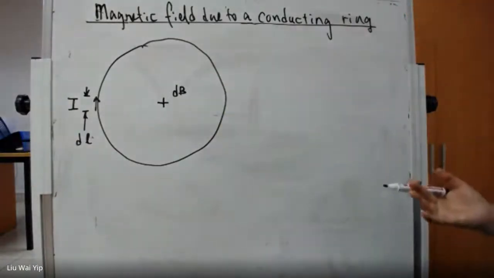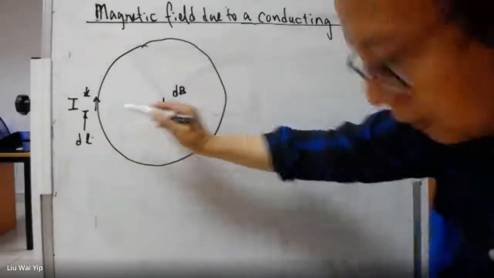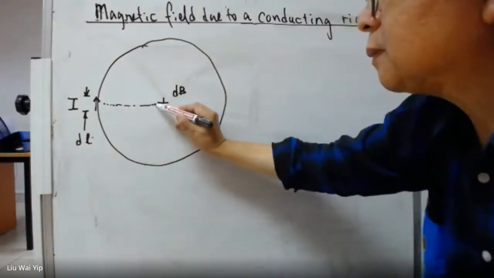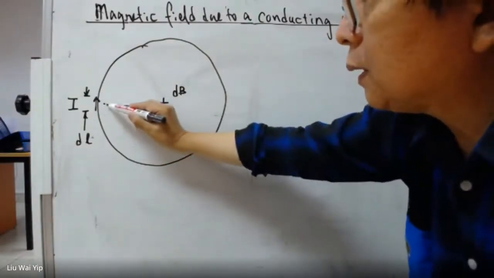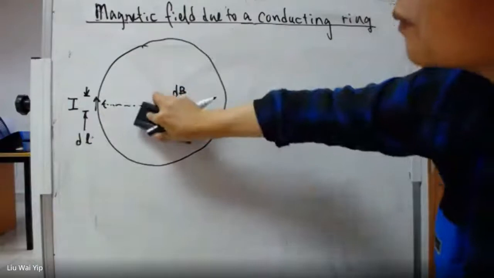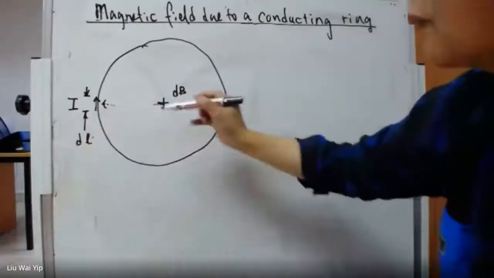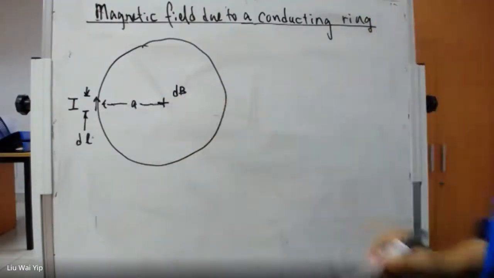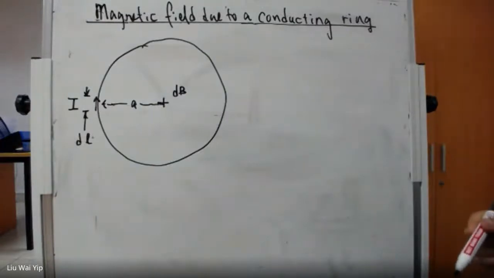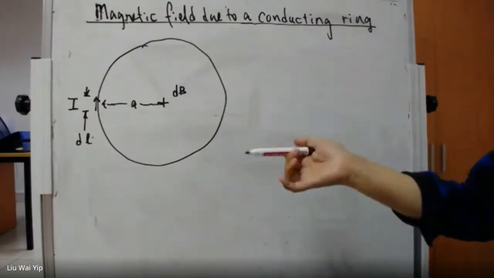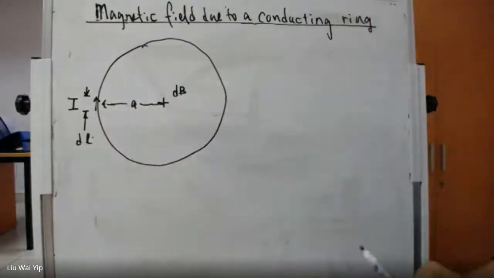Now let's assume the radius of this ring is a, so the distance here is a. And the direction of the magnetic field should be orthogonal to the direction of this dL.